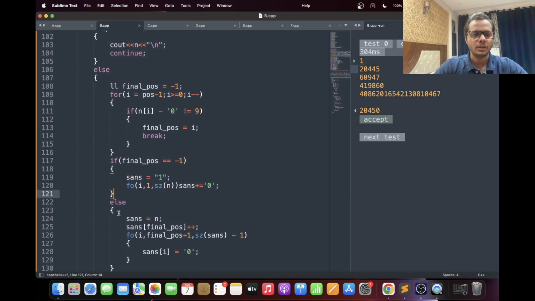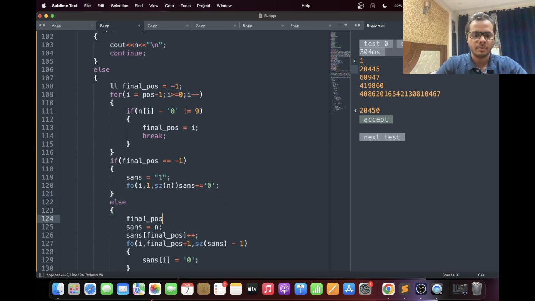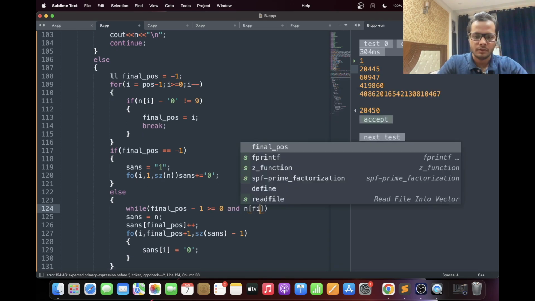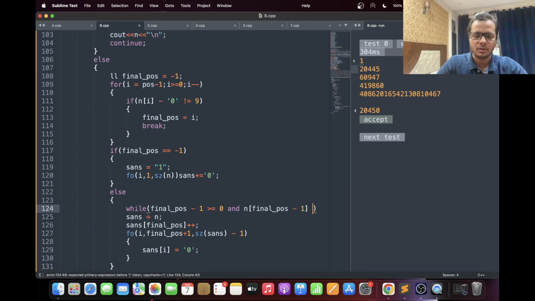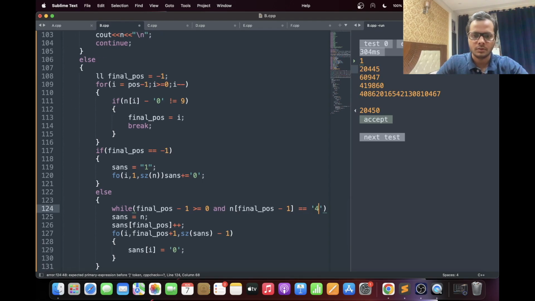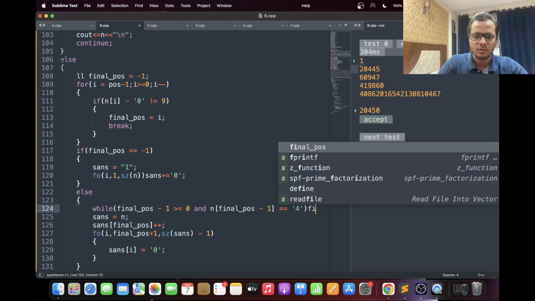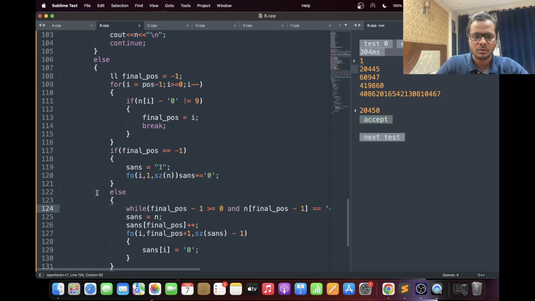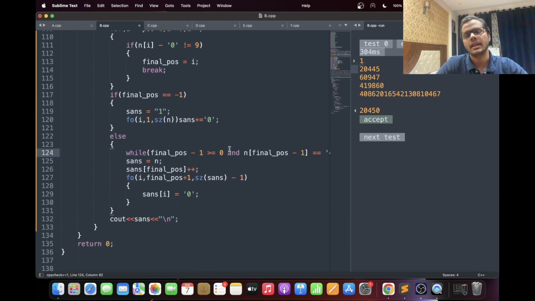So what we can do here is we can say that final pos minus minus, or maybe while final pos - 1 is greater than or equal to 0 and n of final pos - 1 equals to 4, okay, we'll say final pos minus minus. That sounds better.